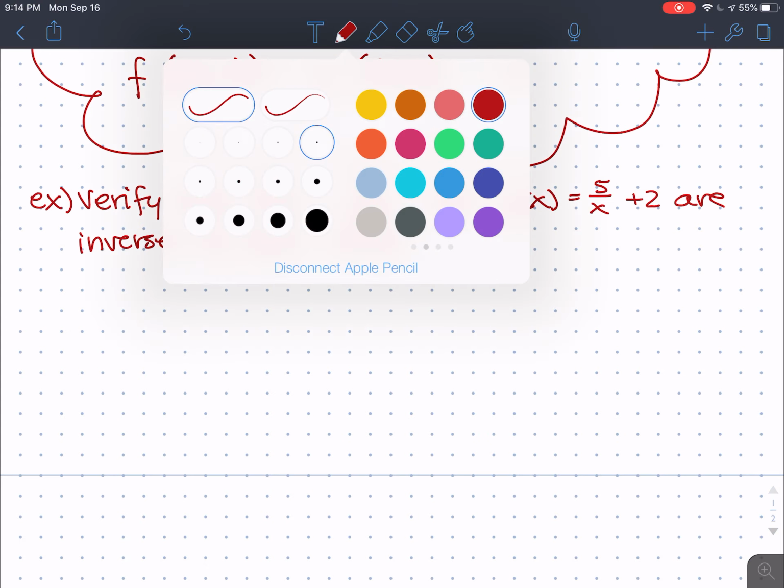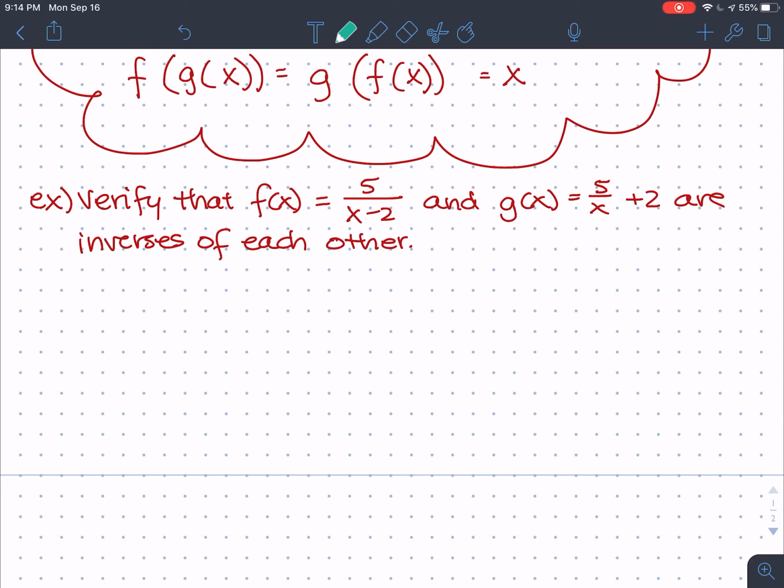Now let's take a look. So just like the definition shows, I should be able to do f of g of x or g of f of x. Either way I get x. I have to show that both ways work.